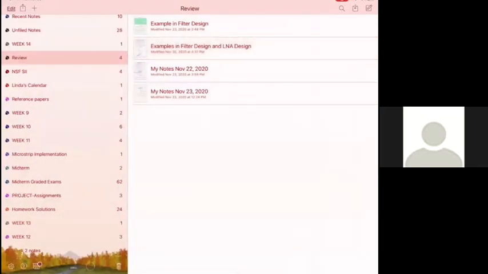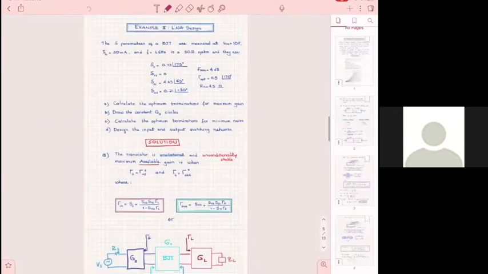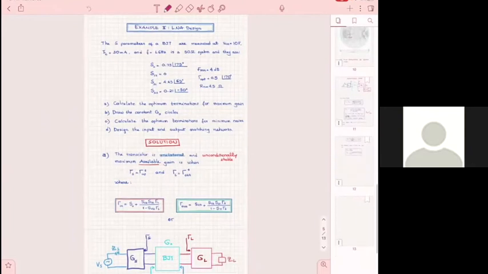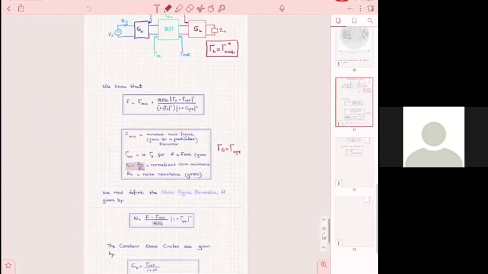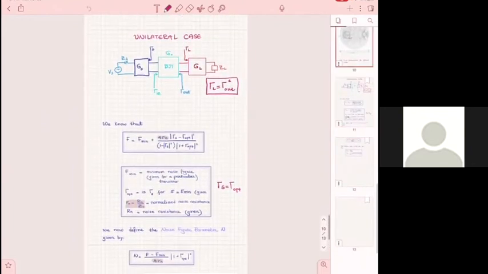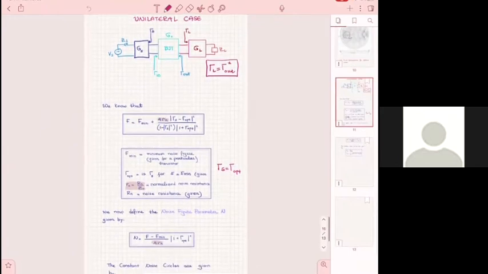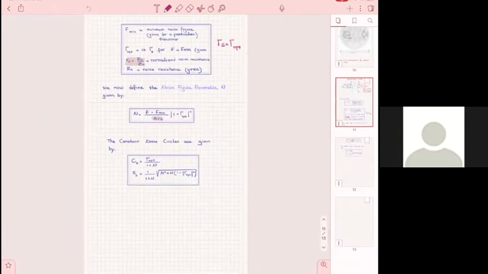So I solve the problem practically by moving this one down a little further.